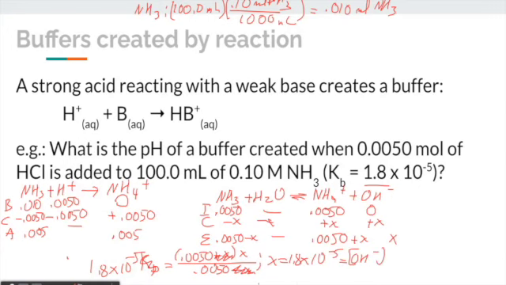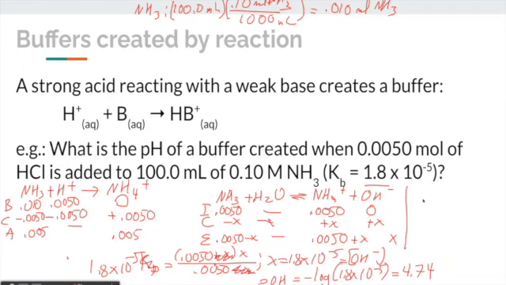So that means the pOH is equal to the negative base 10 logarithm of that 1.8 times 10 to the negative 5, which works out to 4.74.